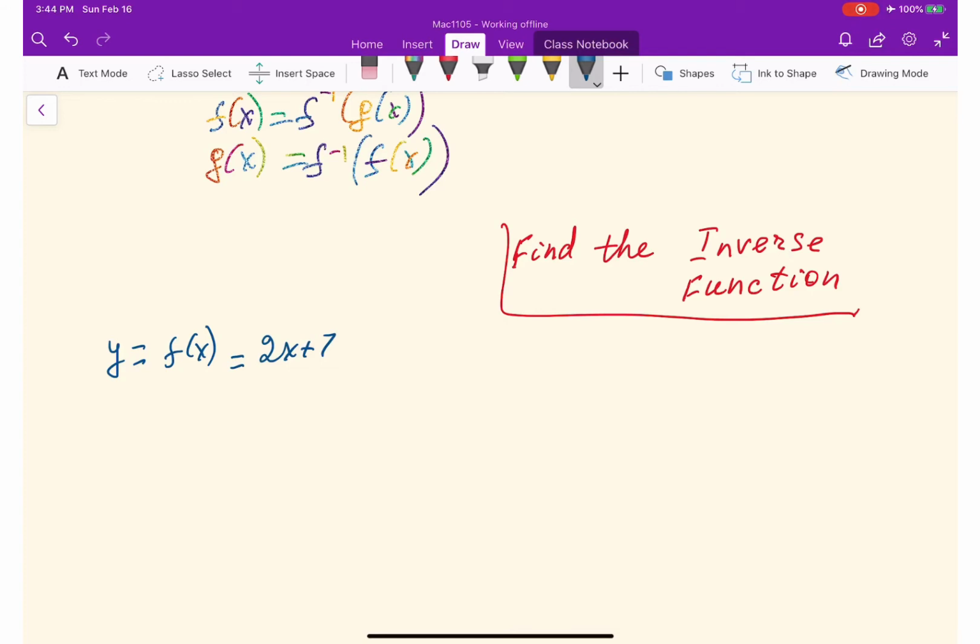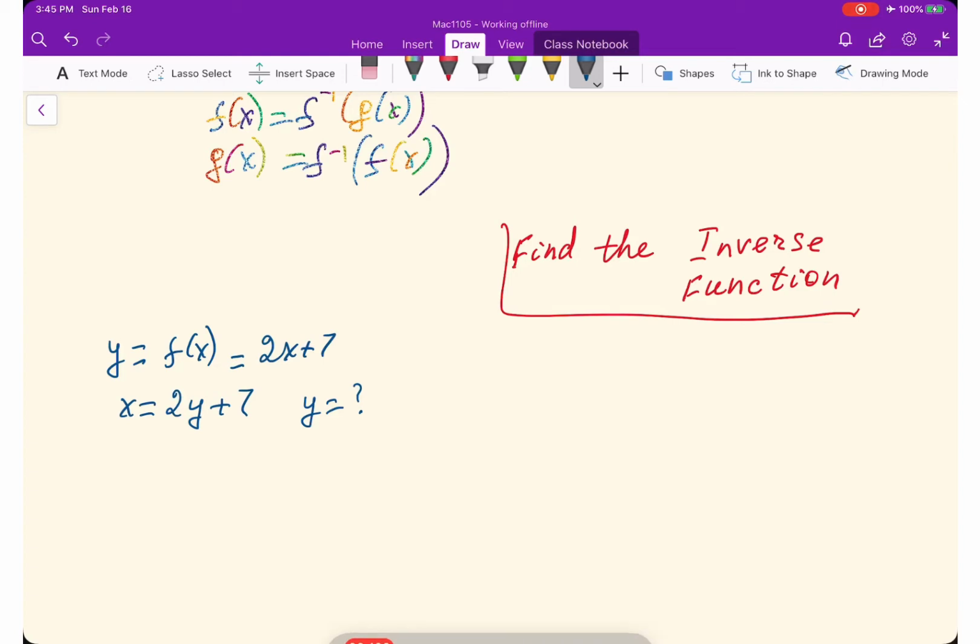Wherever there is x I will replace it with y, and wherever there is y I will replace it with x. So at this point I'm writing x is equal to 2y plus 7. And I need to find y from here.